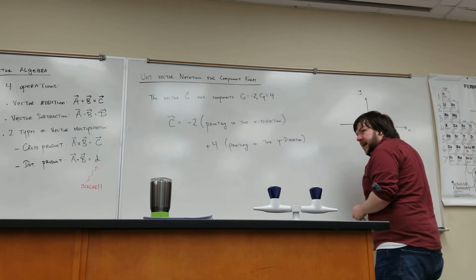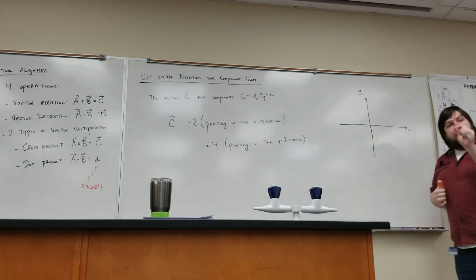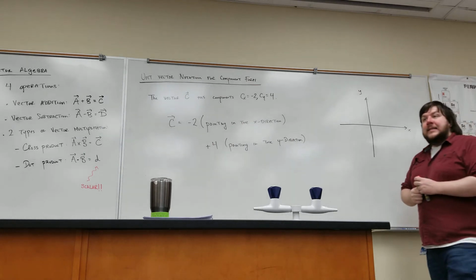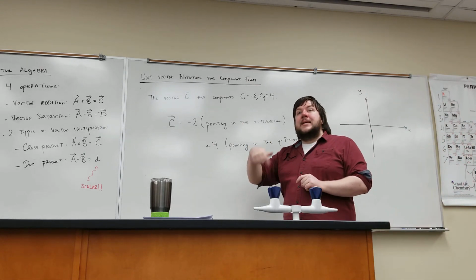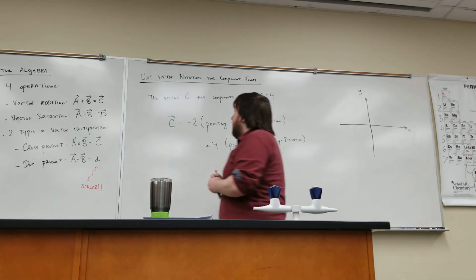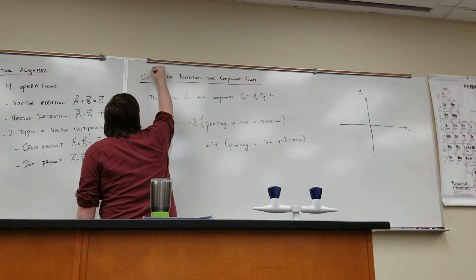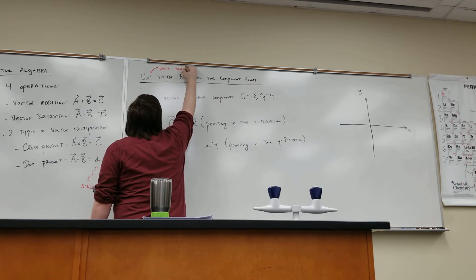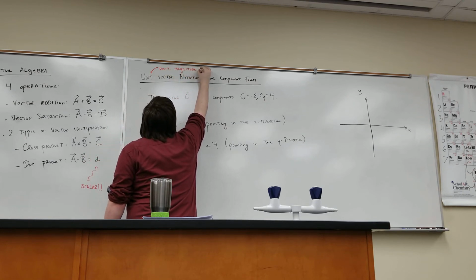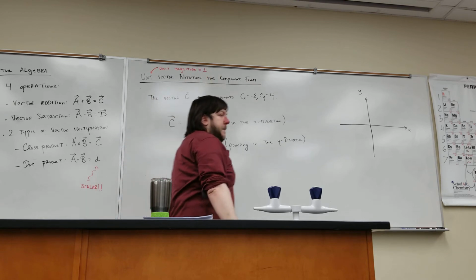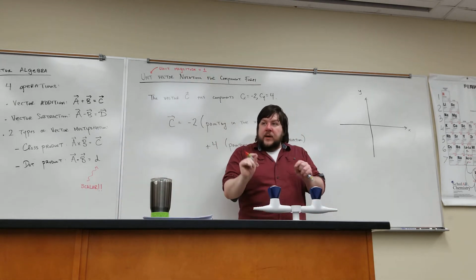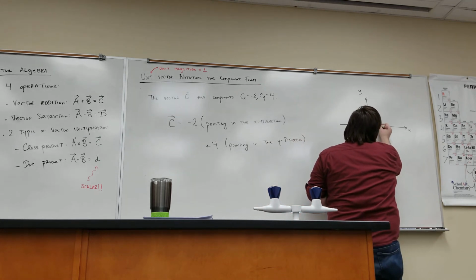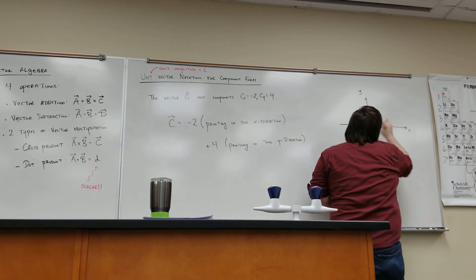What a unit vector is, it's a vector that points in a predetermined direction that everybody agrees on that has what's known as a unit magnitude. A unit magnitude is a magnitude of 1. So one of our predetermined vectors points in the x direction, and we call it i hat.